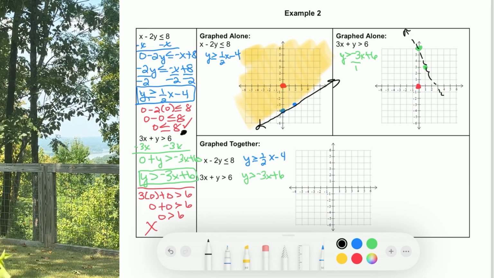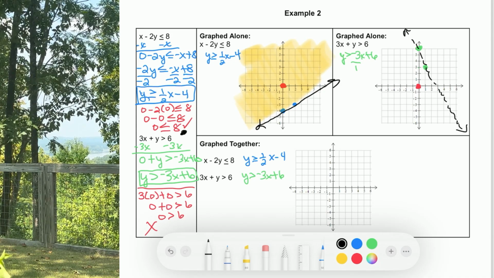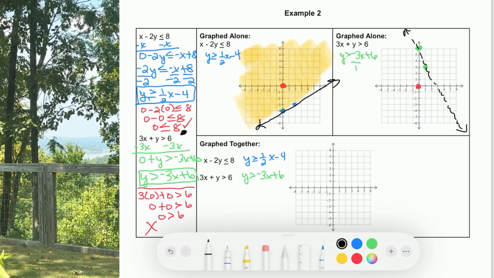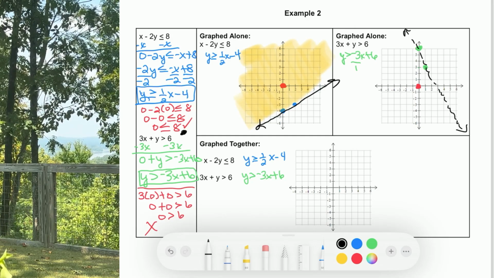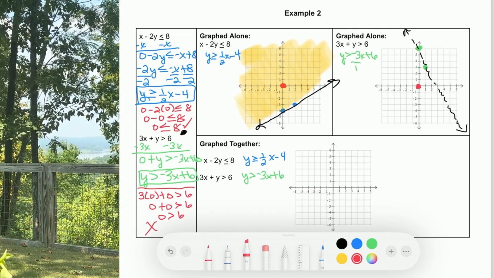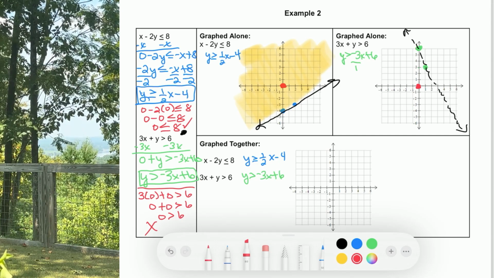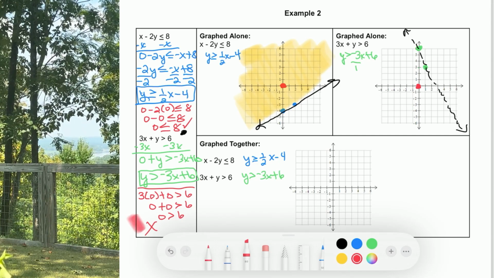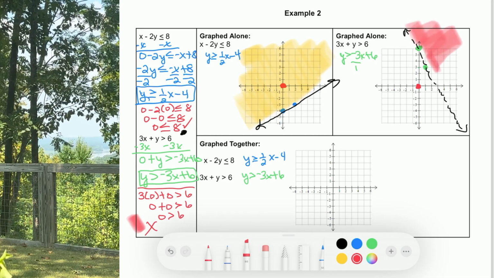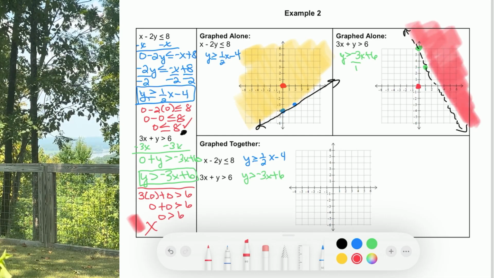Again, this part is not new to you guys. It should be familiar now that we've had a quick review. My shading, let's pick red this time. It told us that this was not a true statement right here. So our shading is actually going to be on the other side. It's not going to include the origin.